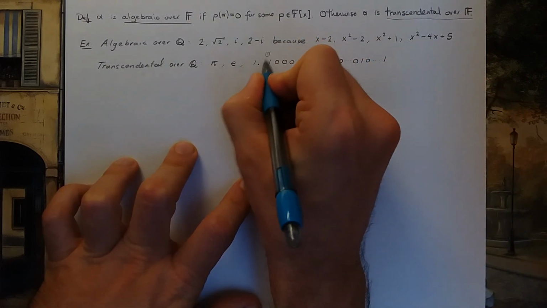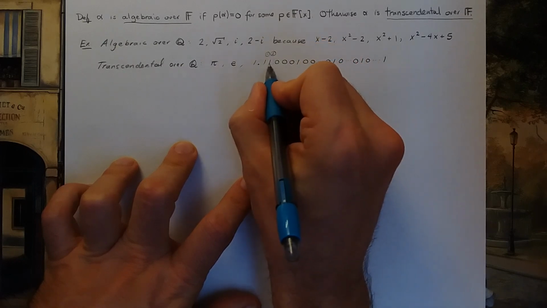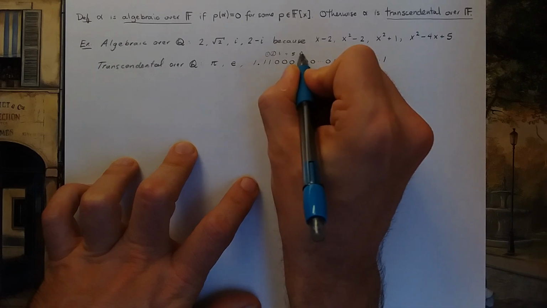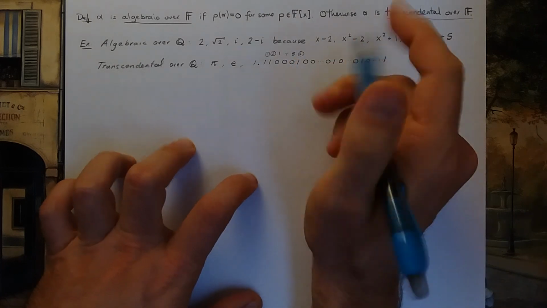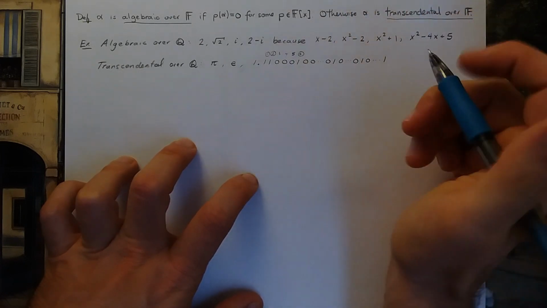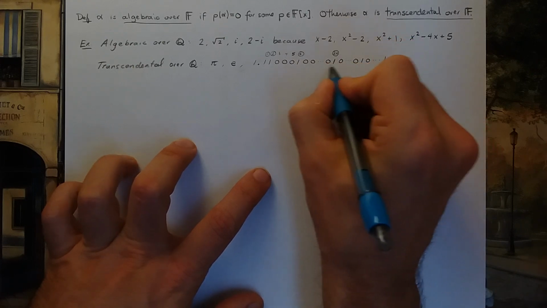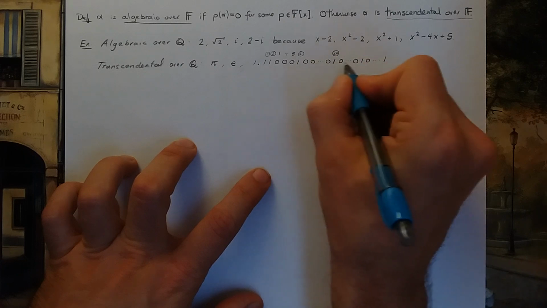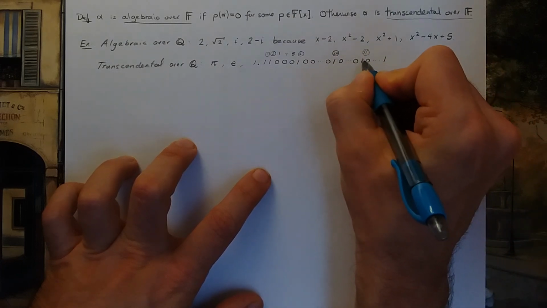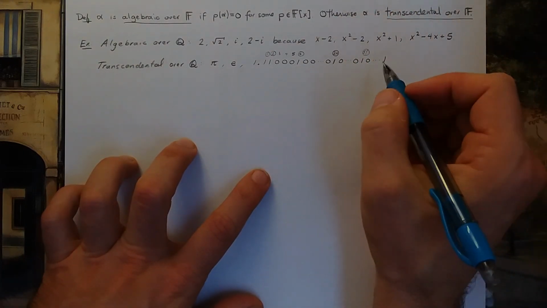So 1 factorial is 1, 2 factorial is 2, 3 factorial is 6, so I'll put a 1 in position 6. 4 factorial is 24, so I placed the decimal digit 1 in the 24th position here. And then 5 factorial would be the position of the next one, and 6 factorial the next one. So the ones get more and more spread out as you go along.